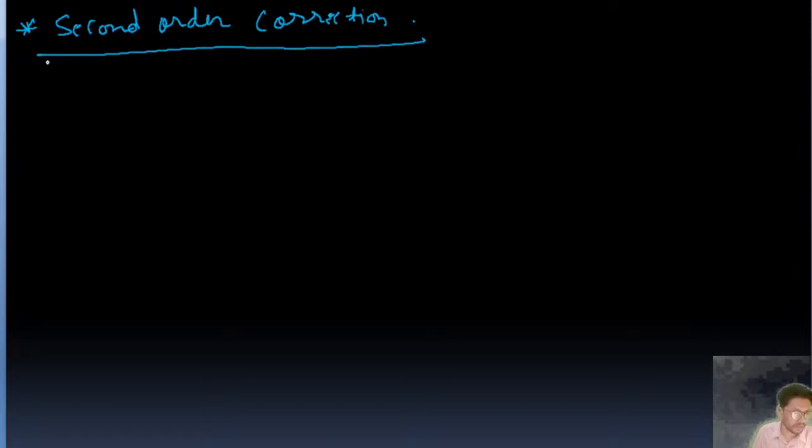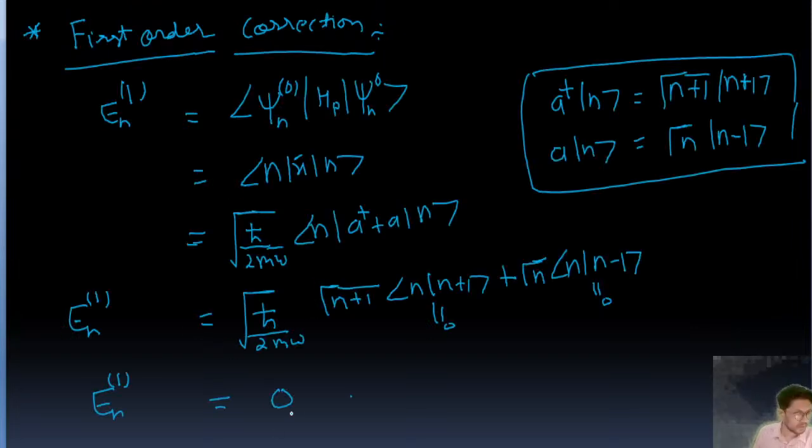Second order correction, right? So we can write here that for 1D harmonic oscillator, the first order correction in energy is 0. Okay. Next, second order correction.